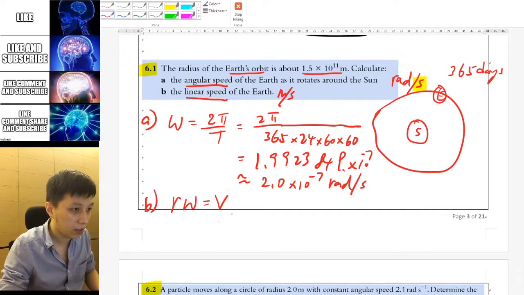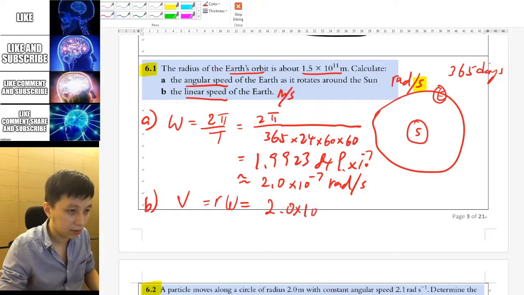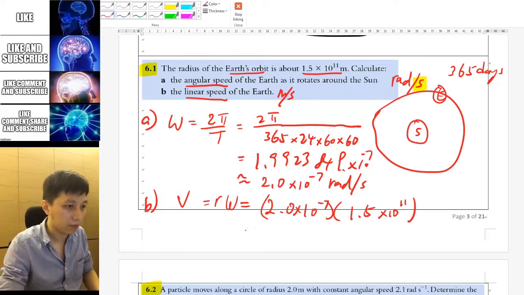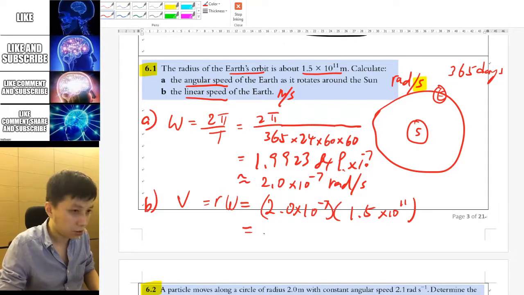So that is to say, v will simply be, or maybe I can present it better if I write this way, the answer, or I can use the whole number if possible, times the radius, which is already in meters, so it's good. Using your calculator it shall be 2.98 something.